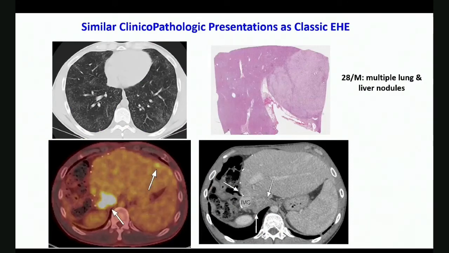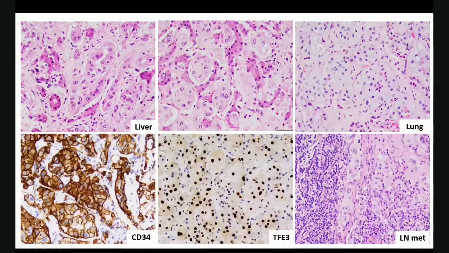Clinically, however, this subset shares similar presentations with classic EHE, with multifocal or multi-organ spread, as shown in this patient, with micronodular opacities throughout both lungs as well as liver disease. Microscopically, it also shows nested or vasoformative tumor involving liver, lung, and lymph node metastasis, and strong nuclear positivity for TFE3.